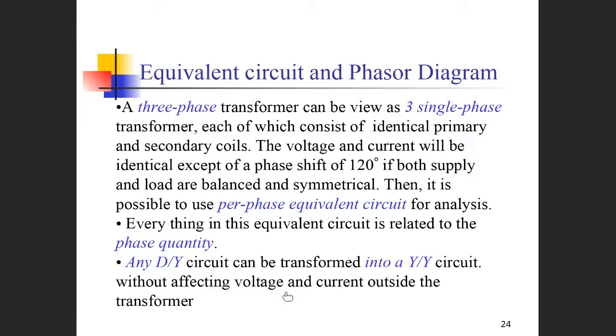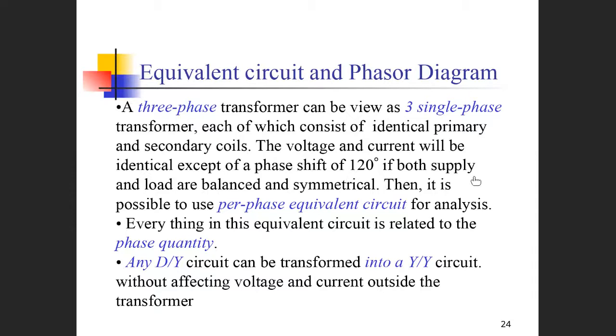Now we come to the third point: how to draw the equivalent circuit and phasor diagrams. Anyway, a three-phase transformer can be viewed as three single-phase transformers, each of which consists of identical primary and secondary coils. So the voltages and currents will be identical, except for a phase shift of 120 degrees.